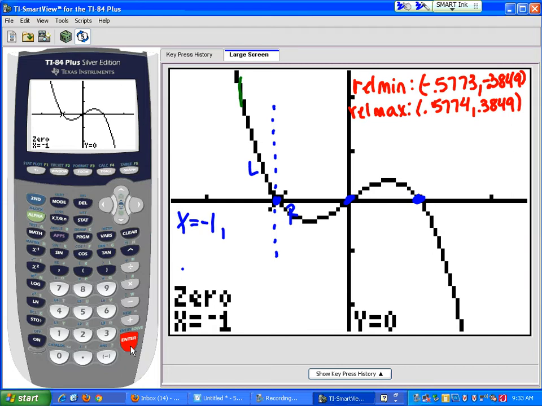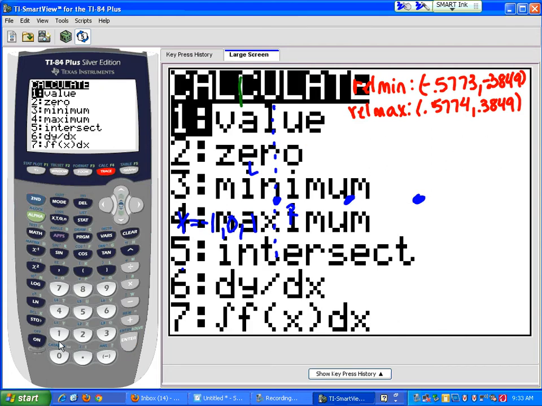I don't need my y value here. Then I would do this point right here, which is easy to see without even calculating it. What's it going to be? 0. And then if I do this value over here, left bound, right bound, I would get 1. And then the other thing we need to do is find the y-intercept, which is easy to see on this graph because it's 0. But if you couldn't see it, something that's easy to do is hit second trace, then number 1, which is the value.